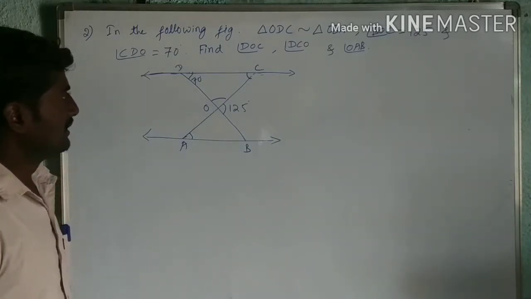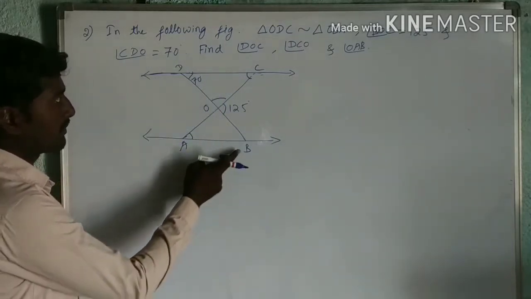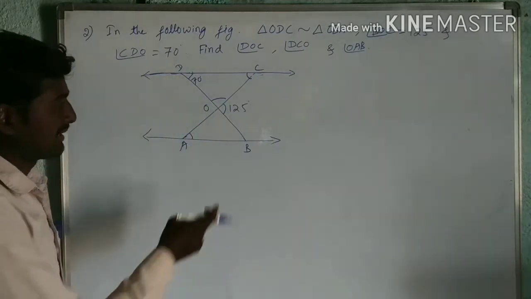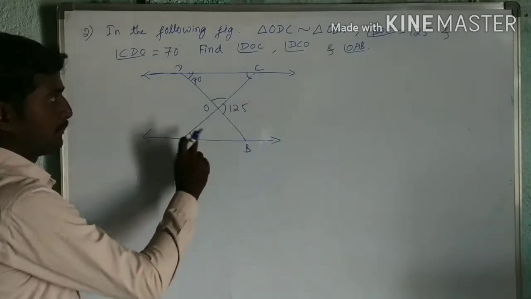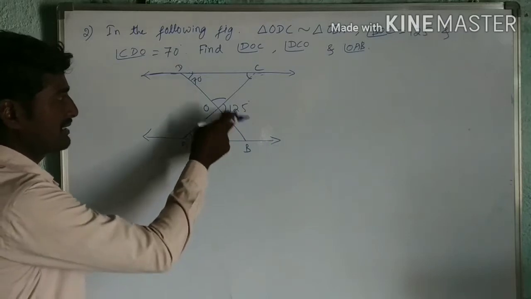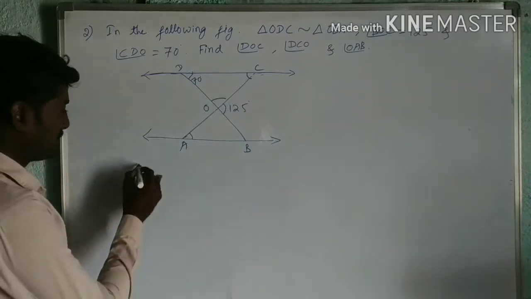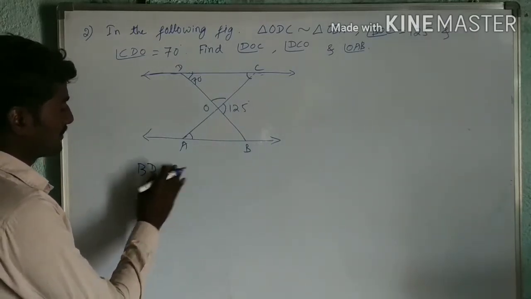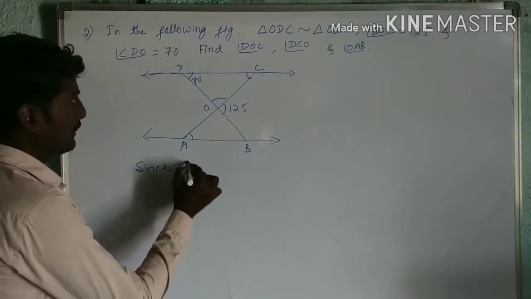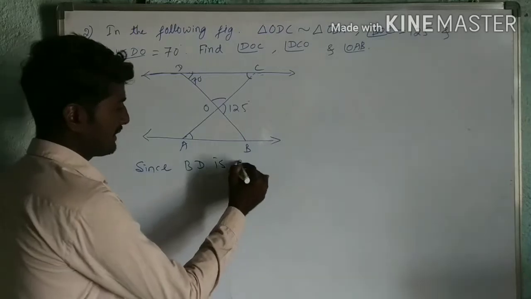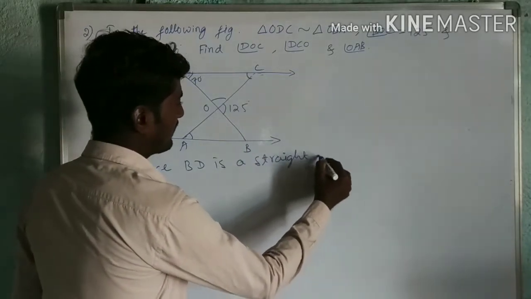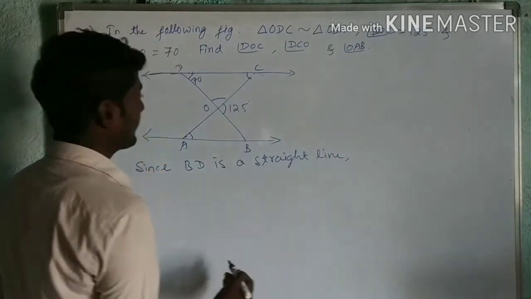Okay. So to find this angle, BD is a straight line. By linear pair I can say angle BOC plus angle COD is equal to 180 degrees, because it is a linear pair. Since BD is a straight line, therefore what can I write?